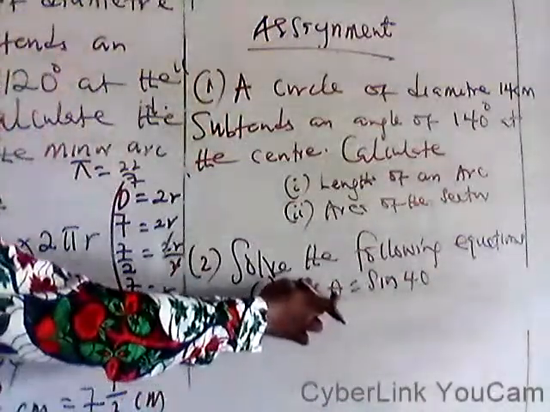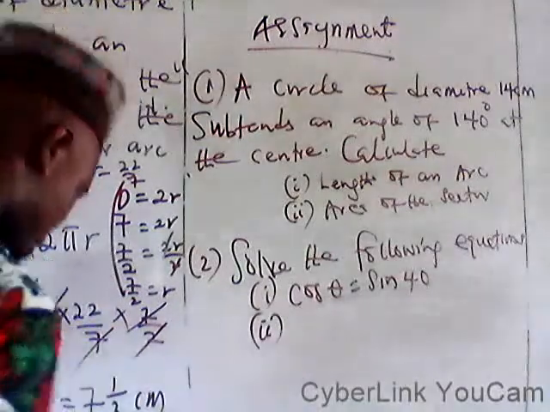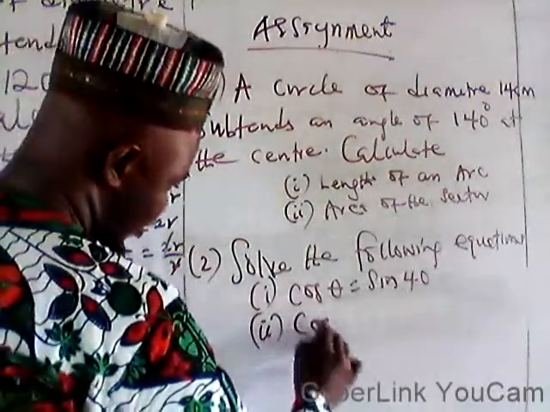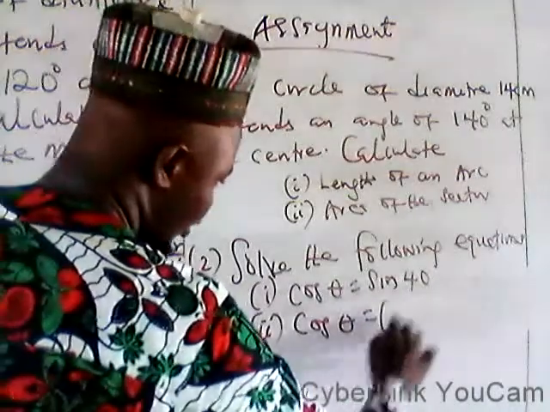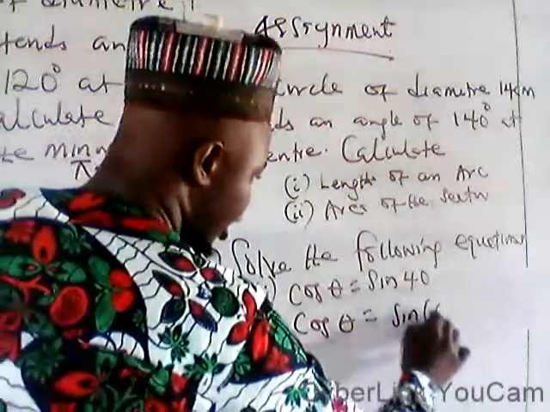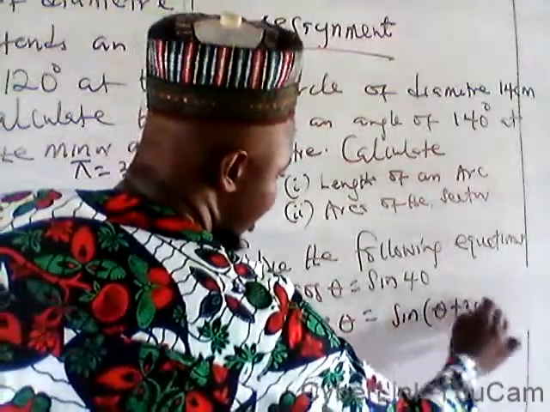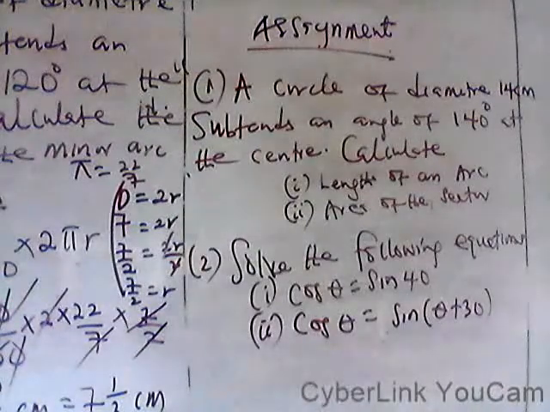You have to find the value of theta here. And the second one, you have cos theta equals sine theta plus 30. So from here you also find the value of theta.